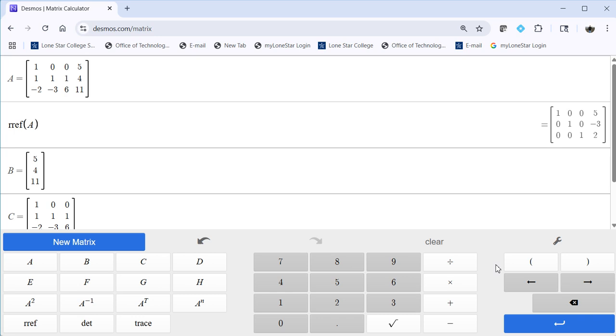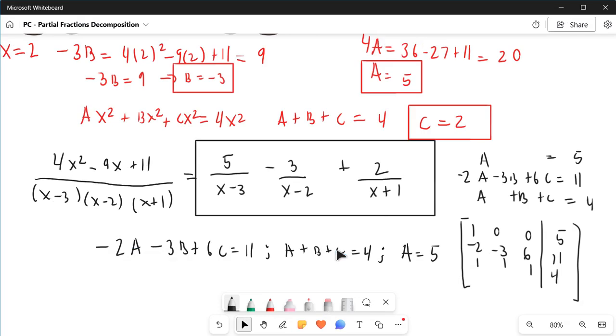But going back to class, one thing to think about is, did we really need to involve systems for something like partial fraction decomposition? And what's kind of interesting is that once we have incorporated things like calculus and even calculus 2, then in actuality, the answer is no. You don't need to use systems of equations.